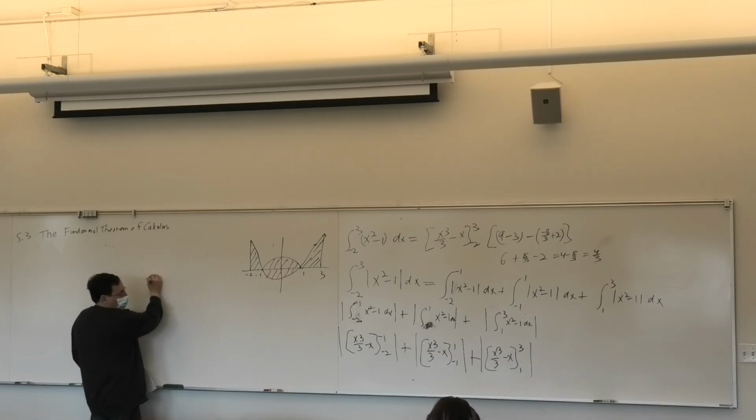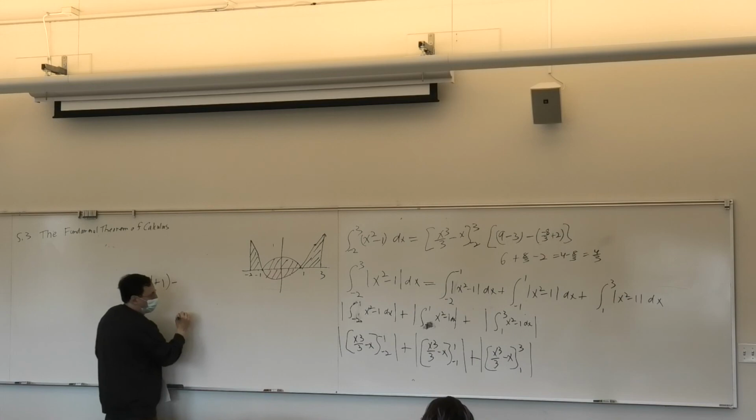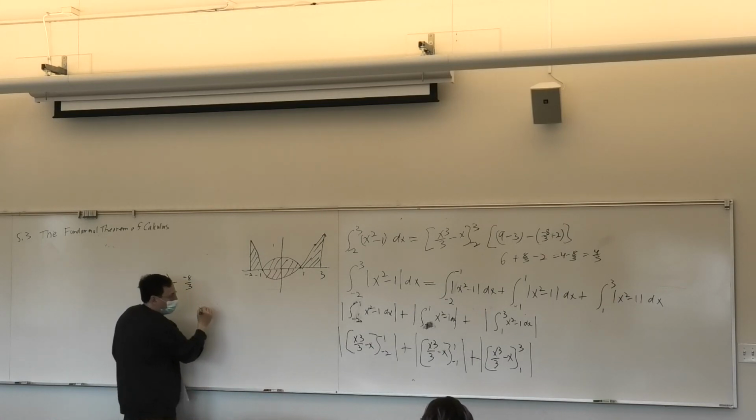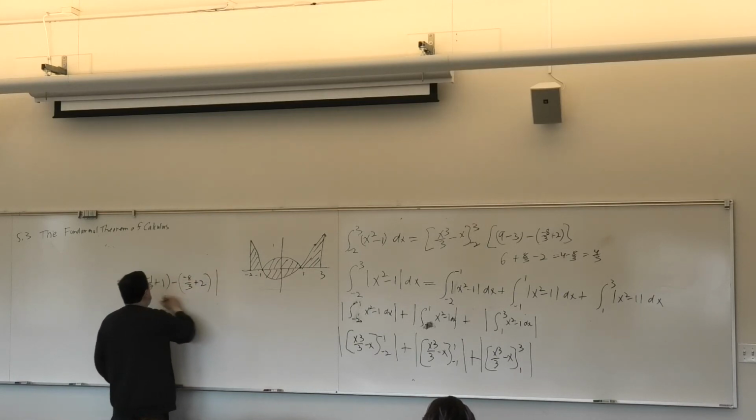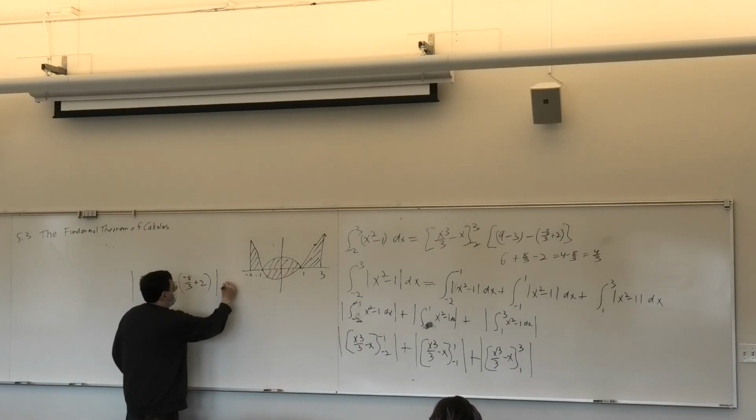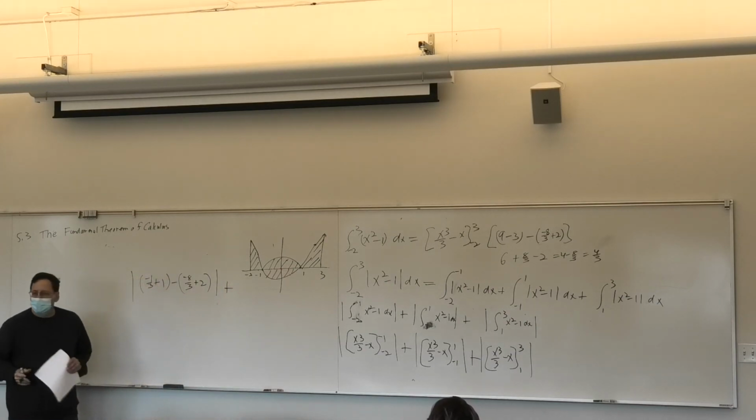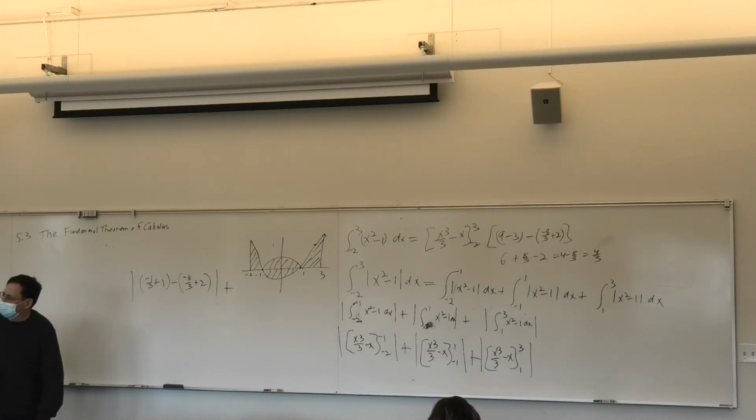So what do we have? -1 over 3 plus 1 minus -8 over 3 plus 2. Can I go through all this? I think everybody here can handle this. It's just a lot of numbers, a lot of fractions.